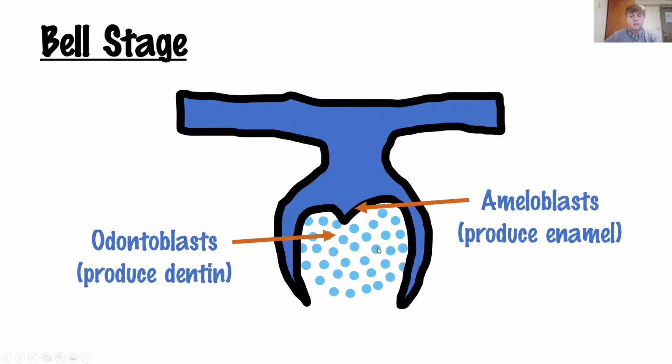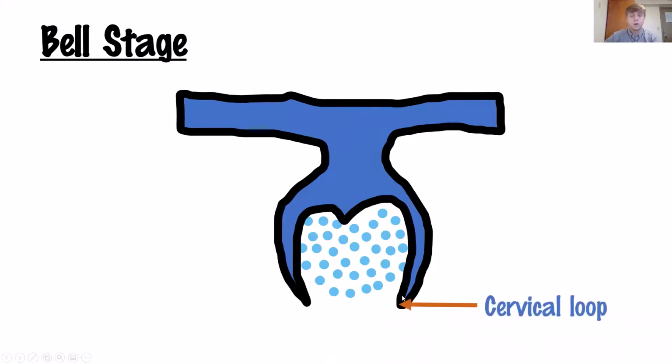And then the cervical loop down here is where the inner and outer epithelial layers meet each other on both sides. We have the cervical loop. And this gives rise to the root sheath, which proliferates to form the root of the tooth.